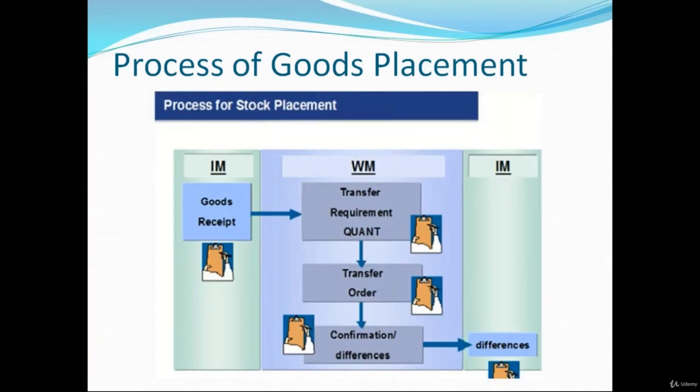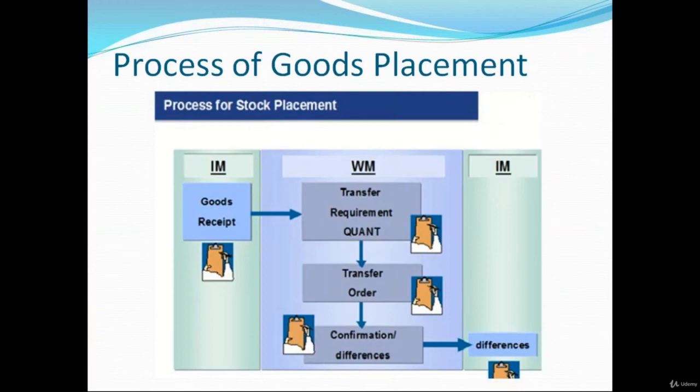Once the operator picks the material as per the transfer order, the system will by default specify the destination storage type, destination storage section, and the bin where the material needs to be kept, and the warehouse operator simply goes and keeps the material in the particular destination bin and confirms it. While confirming the transfer order, he is actually confirming that this much quantity is present in this particular destination storage bin.